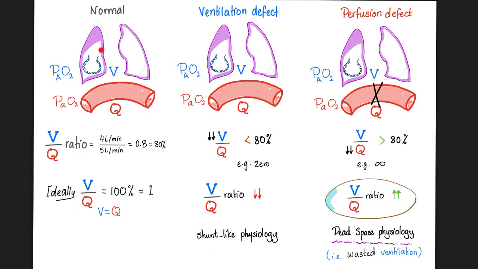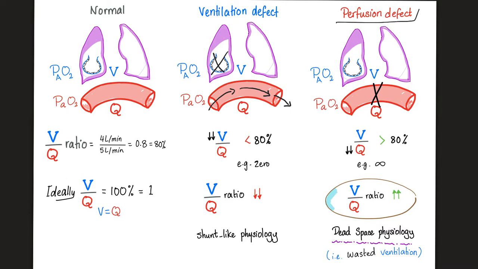VQ mismatch. Normally, this is like 80%. Ventilation defect, it's decreasing. Could be 0 if you take it to the extreme, but basically it's going down. We call this shunt-like physiology because it's not ventilated, but it's perfectly perfused. So the blood is kind of shunting without being ventilated. This is called a shunt-like physiology.